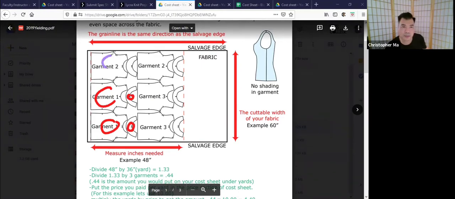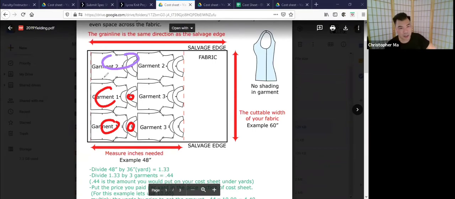You can have this empty space here, right? So you can really get a good sense of the maximum percentage you can use within the fabric. So you're gonna have to start moving more patterns across and fill up. If you fill up 3 garments, you're gonna have no empty space to possibly put another garment in, right?